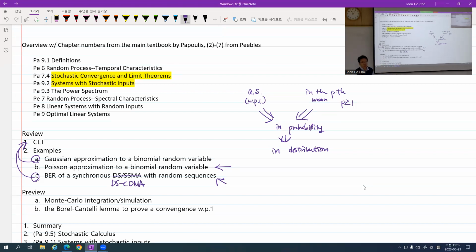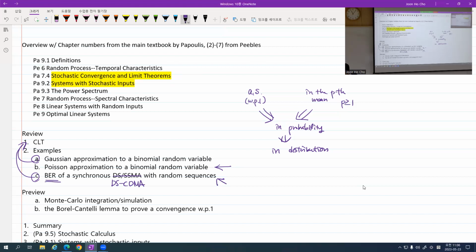And as we've already seen in one of the central limit theorems, that random variable converges in distribution to a Gaussian random variable. So we know that the multiple access interference for sufficiently large processing gain or spreading gain has a distribution very close to a Gaussian.